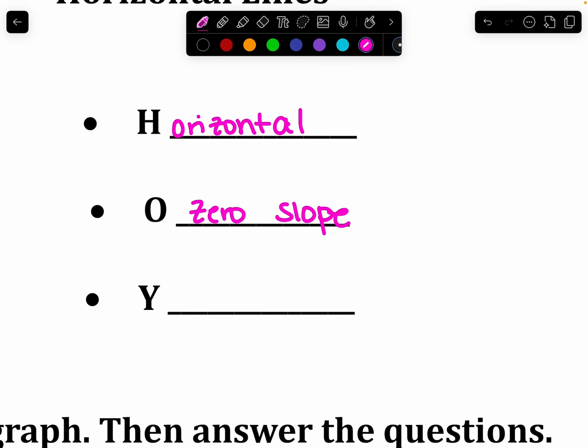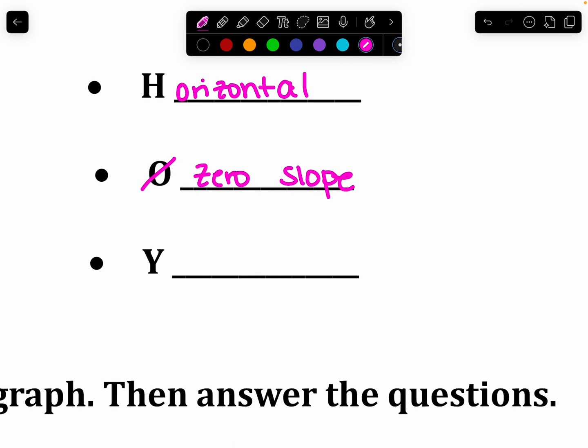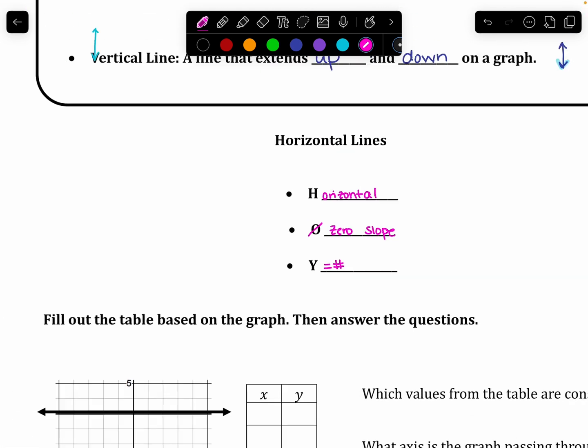So although this is the letter O, we actually think about that as the number 0 because our slope is 0. And then with horizontal lines, the equation will always be y equals a number. There will never be an x with horizontal line equations. It will always be something like y equals 2, y equals -7. There is no x involved in that.